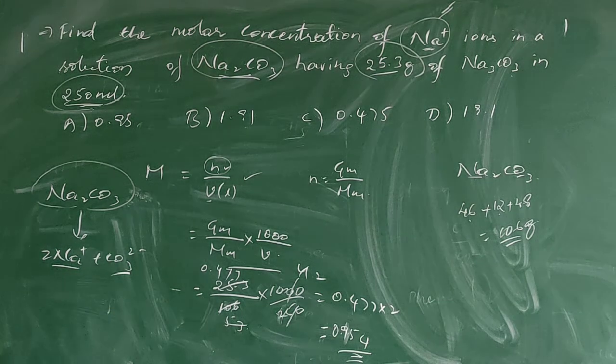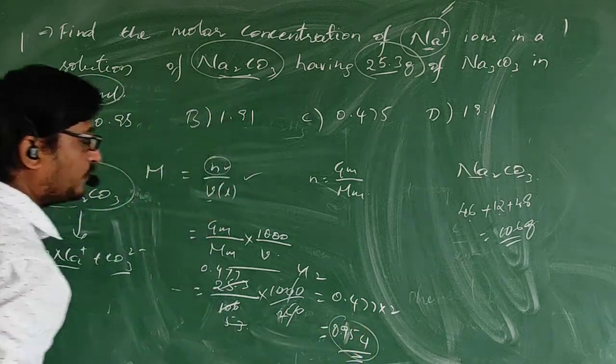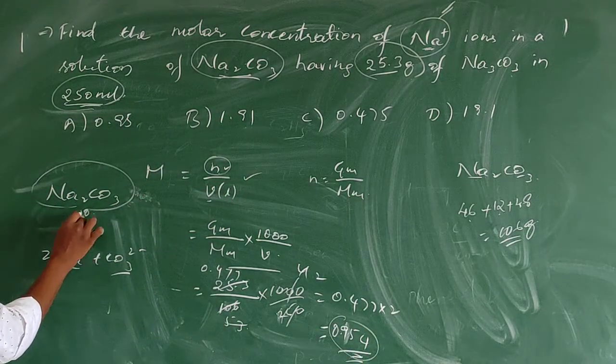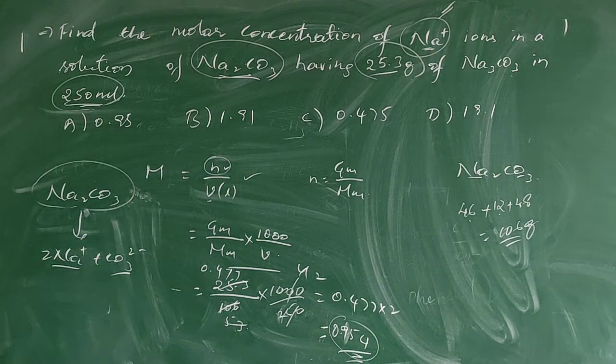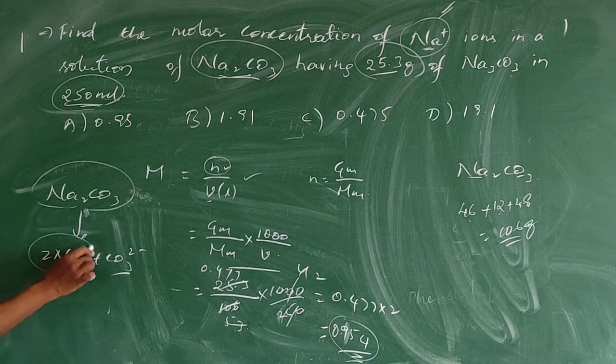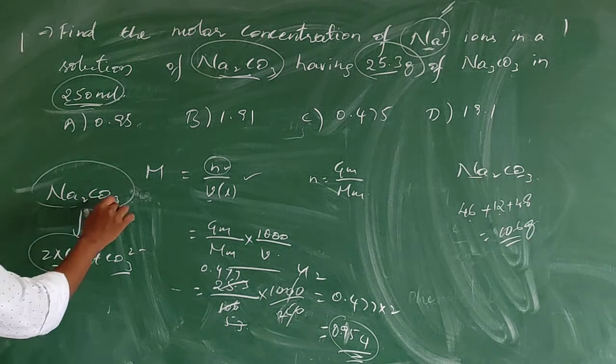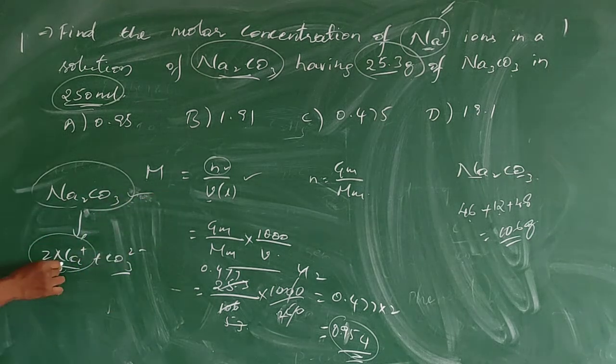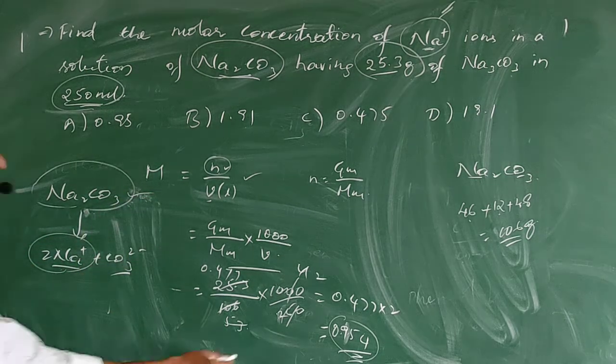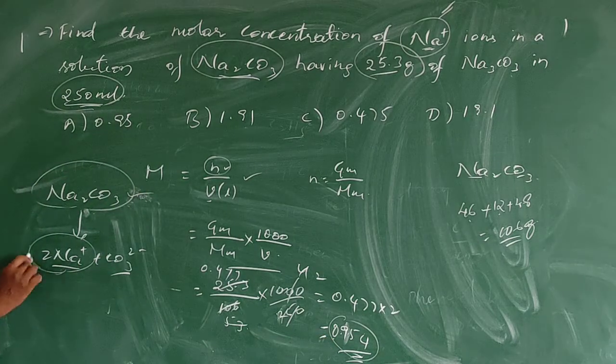Okay, if the concentration of Na2CO3 is 0.954, what will be the concentration of Na plus? It will be double of this only, no? Because from each Na2CO3 two Na plus ions are produced. If this is the concentration, then the concentration of Na plus will be double of that.